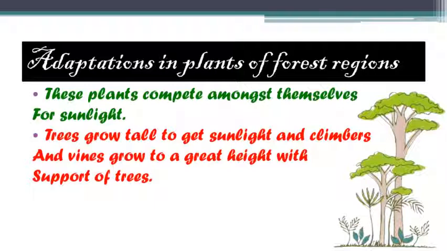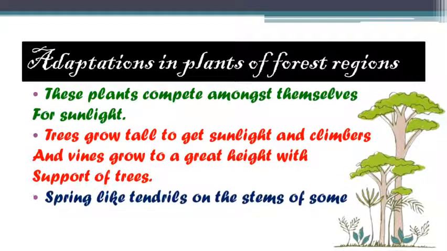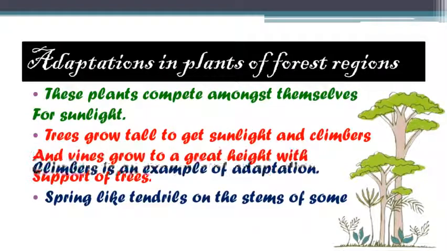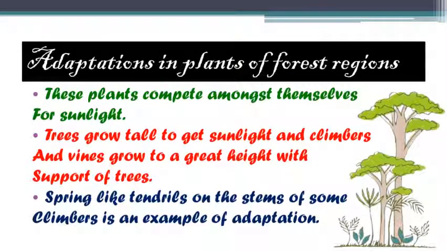Why? Just to get the sunlight, right? And there are shrubs, bushes and herbs also. So all kinds of trees and plants are present in the forest, and spring-like tendrils on the stem of the climbers are an example of adaptation. Now what are tendrils? These are thread-like growths on the stem or leaves of a climber.